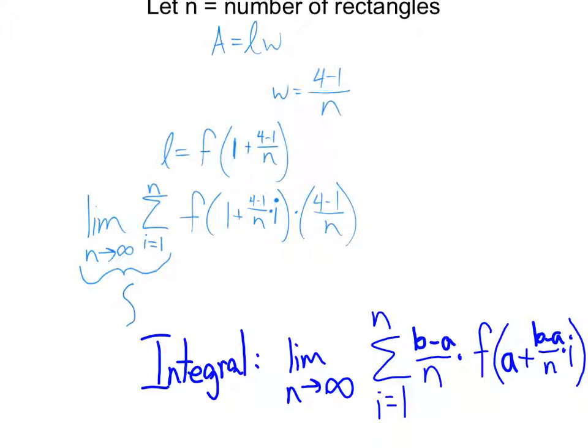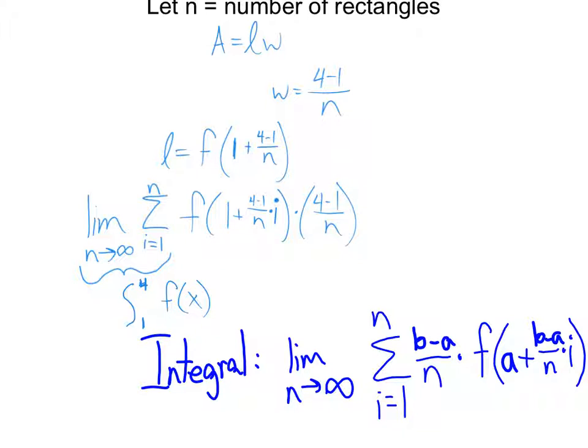And notice we went from 1 to 4. So we would write it like this: the integral from 1 to 4 of f of x. Now notice f of x was the height, right? F of whatever value we were working with. The width was the change in the x coordinate, right?